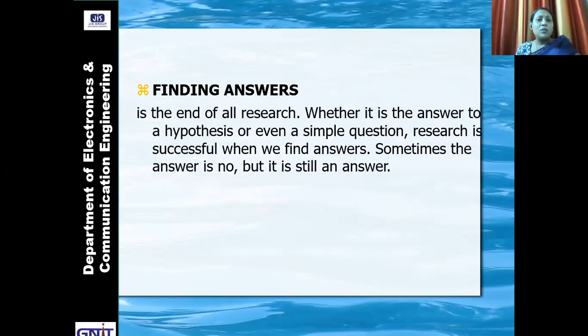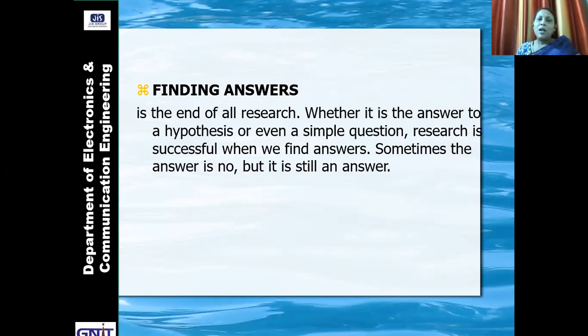So now the most crucial factor of research is finding answers. And that is the end of all research, right? Whether it is the answer to a hypothesis or even a simple question, research is successful when we find answers. Sometimes the answer is no, but it is still an answer, right?